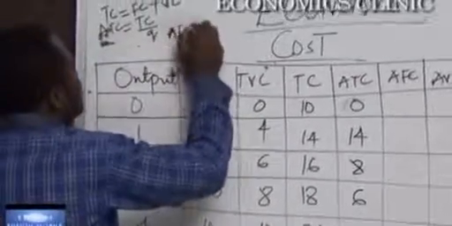The next one is average fixed cost. Average fixed cost is the fixed cost of producing a unit, and it's calculated as fixed cost divided by quantity.